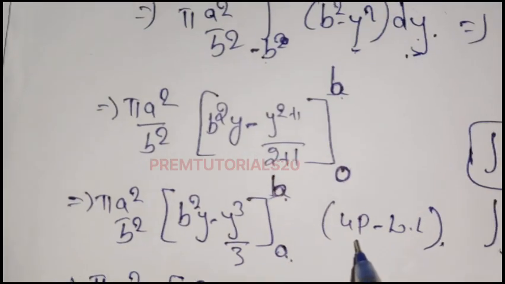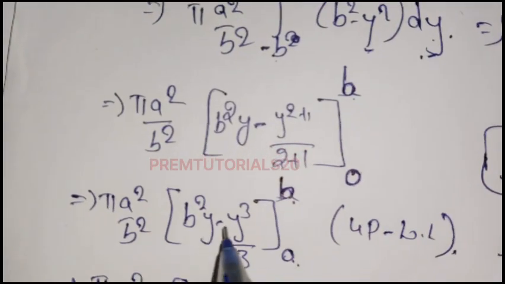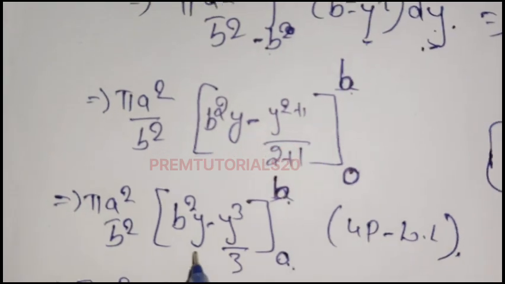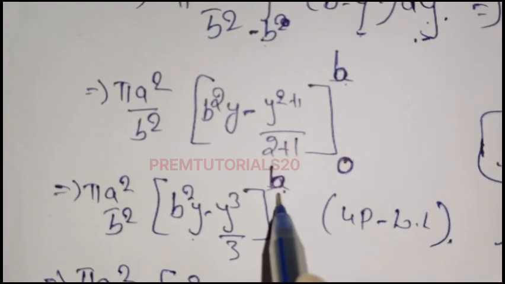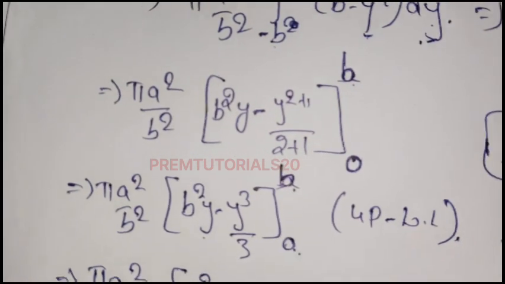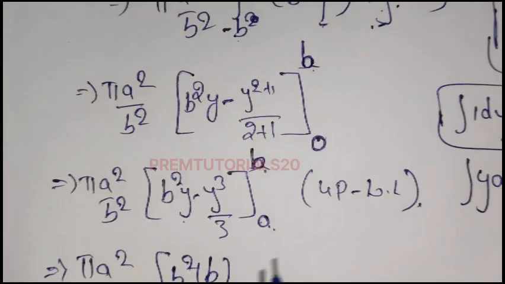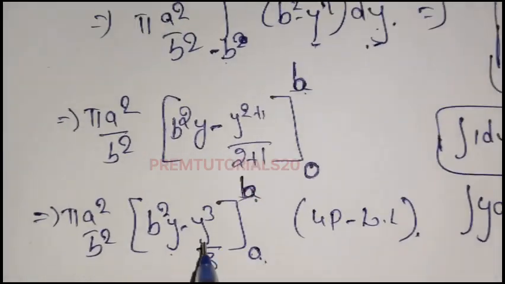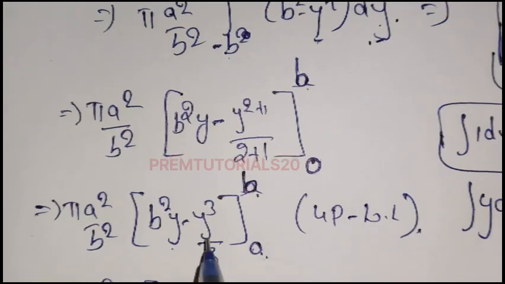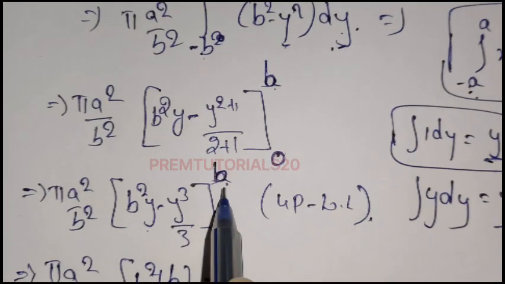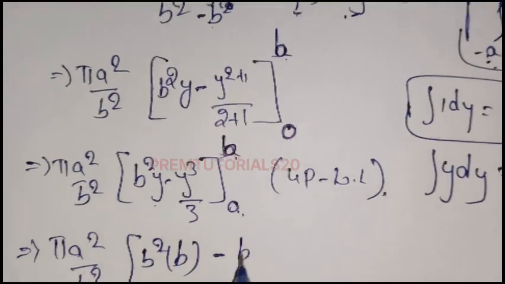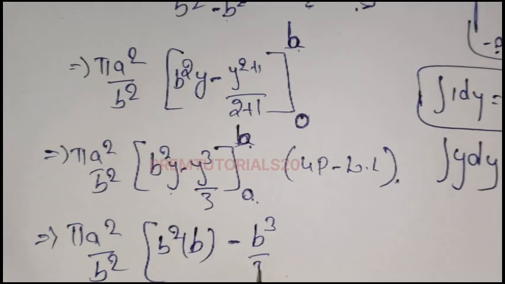Initially, what is the upper limit here? In b square y, in the place of y we replace with the upper limit b. Now we substitute y equals b, and also we have y cube by 3. In the place of y we replace with upper limit b, so it becomes b cube by 3.